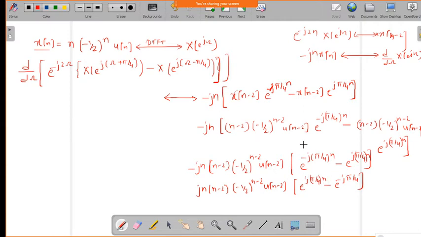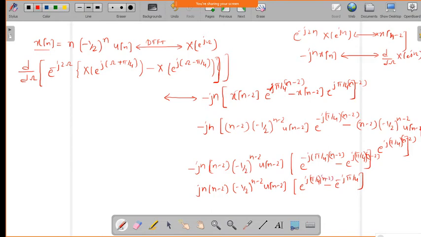If you take the x of n and replace it by n minus 2 using the property, because this factor is multiplied by the whole thing, you will get n minus 2 here, here also n minus 2, and here and here n minus 2.